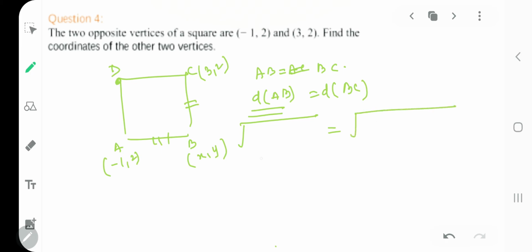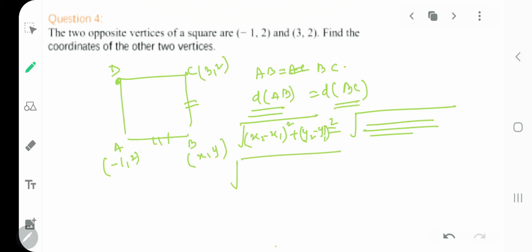They will be in the form of x. That means you will get x2 minus x1 the whole square plus y2 minus y1 the whole square. You remember the formula, I guess. Same formula you have to write here. So the distance of AB is equal to the distance of BC.